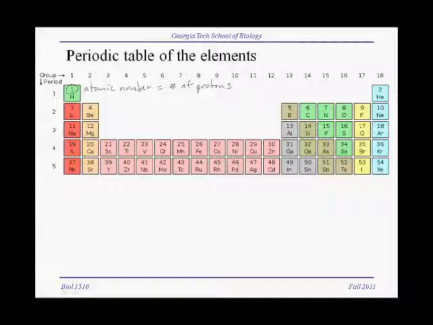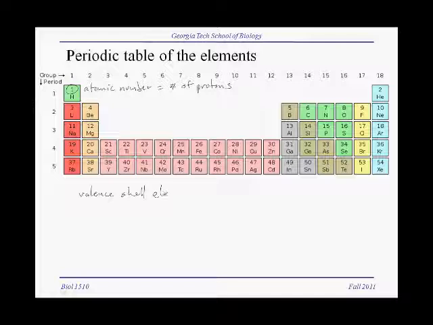So what's important and key to this periodic table is that in addition to the atomic number, the elements are also arranged in these horizontal rows by the valence shell electrons. So when electrons orbit the nucleus, they occupy different energy levels.